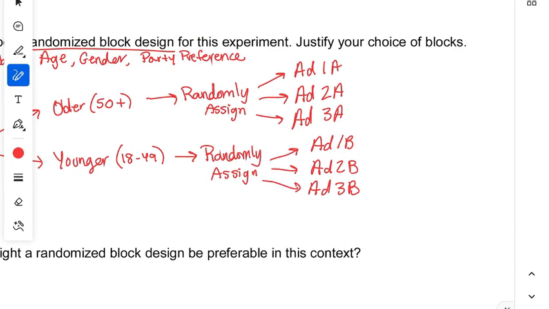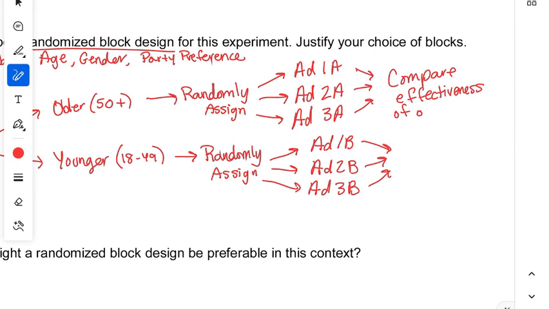B. Okay, after you split them, then we have to compare all of the older to each other. And then this is compare effectiveness of older group. Then compare effectiveness of younger.